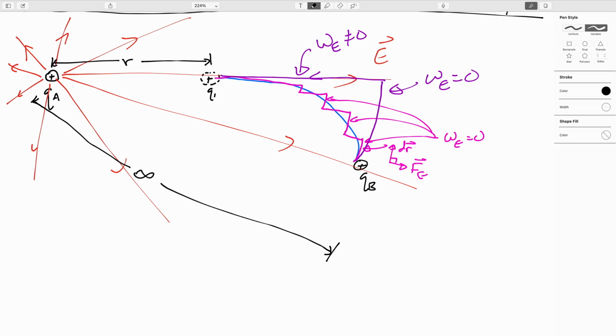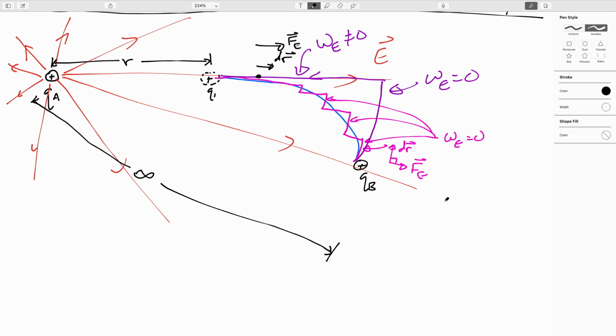Okay, so now we've got to be very careful about this, because when we set up our integral, anywhere along here, because our r hat points radially out, at any point along here, dr is going to point out. And also, because we're assuming a positive charge, the electric force at that location will also point out.